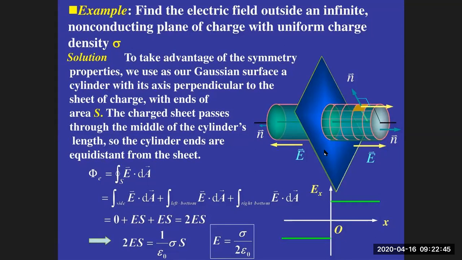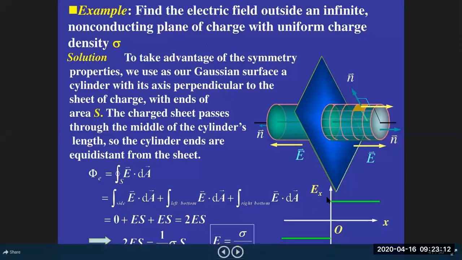The same problem is here, only the language is a little bit different. So find electric field outside an infinite non-conducting plane of charge with uniform charge density sigma. Only the words infinite thin charge sheet have not been used here.